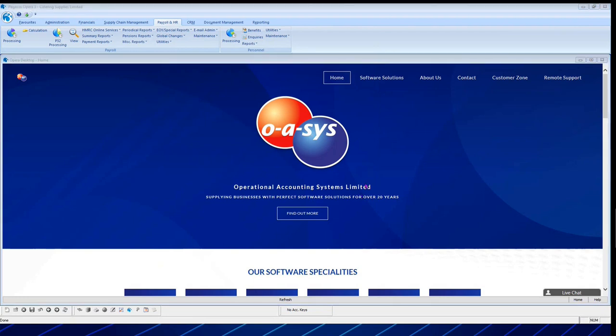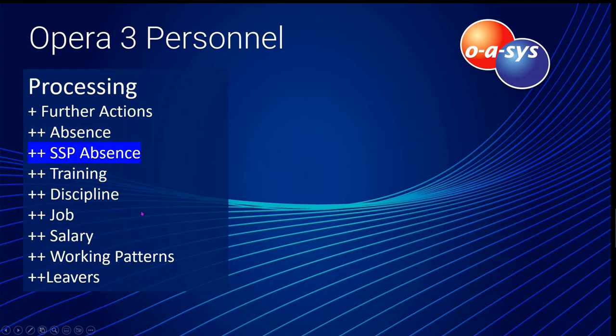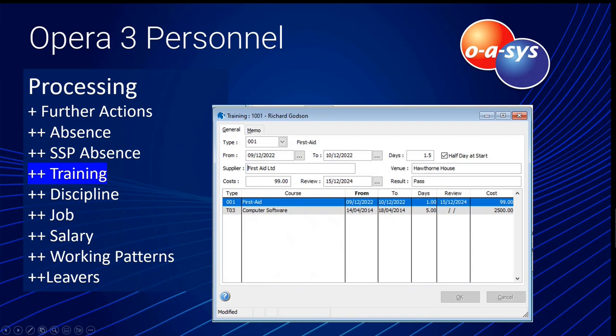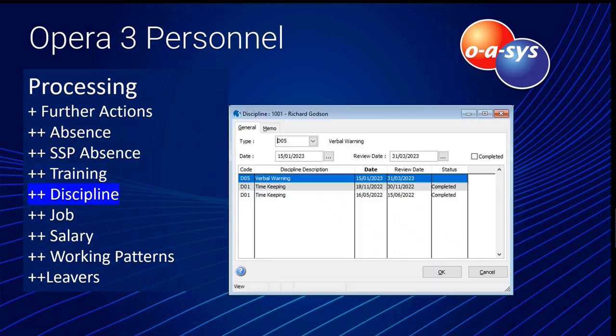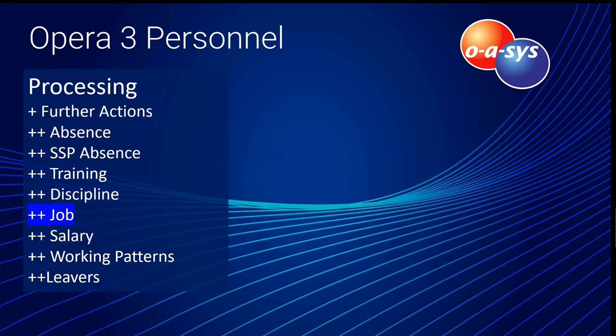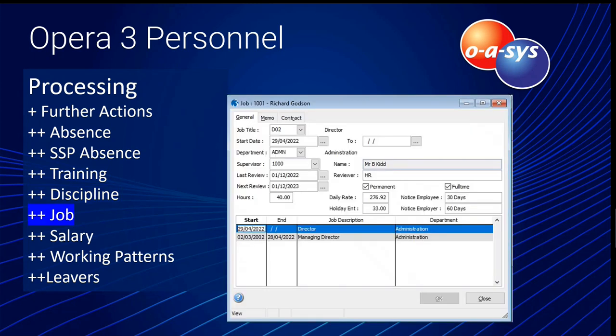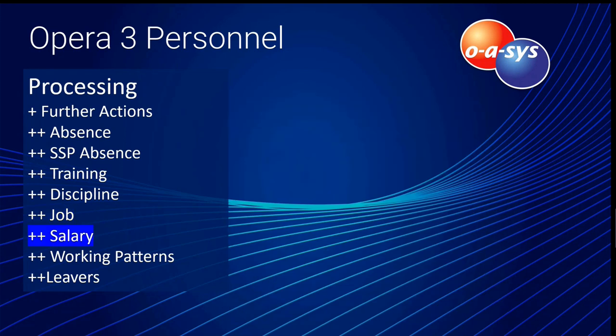So let's just get back to the different areas we've looked at in processing now. We've looked at the training area. We've looked at the discipline area and the information you'd be recording in there. We looked at the job area and again, the information you would be recording on the job area for your employee and how that would change over a period of time.